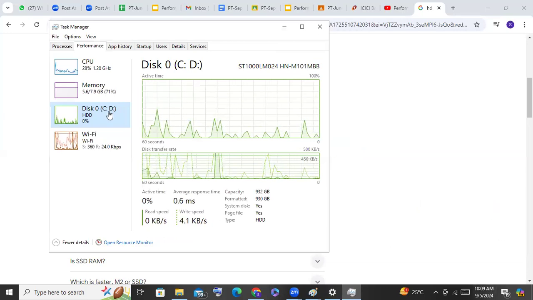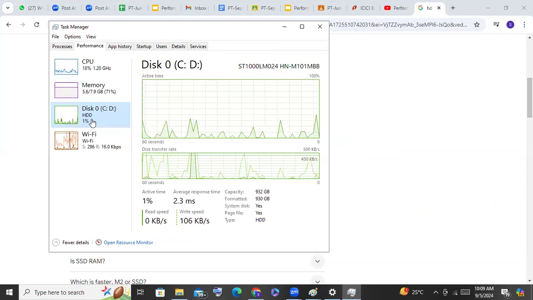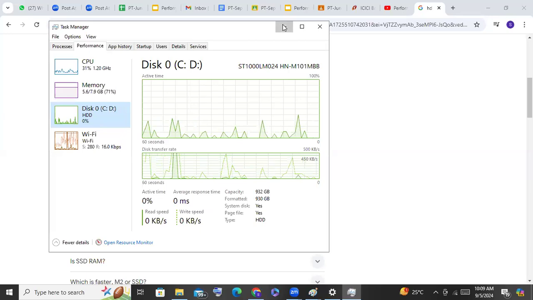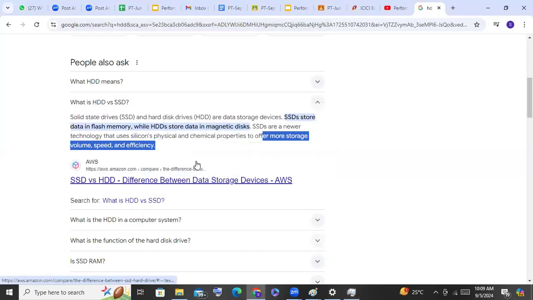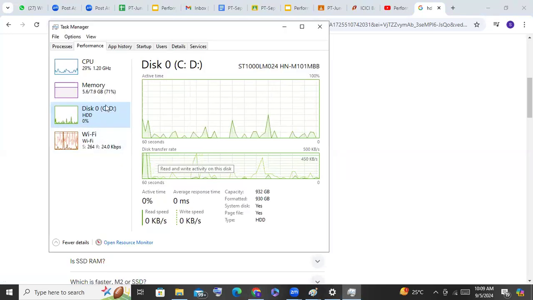At that time, SSD was just coming in. I didn't want to take a risk because I didn't want to experiment on the latest technology, so I bought an HDD at that time. So this is what the machine configuration is. Is this clear, guys?